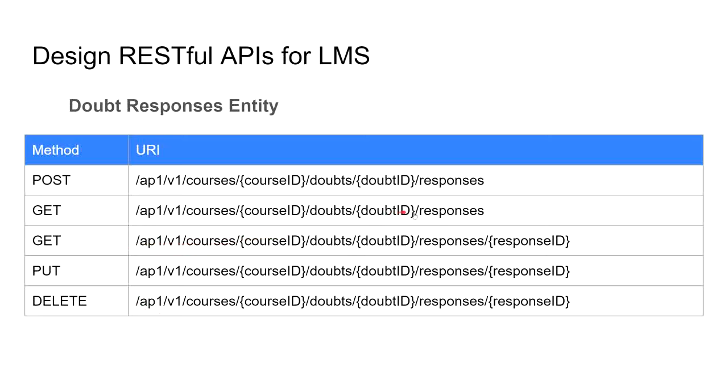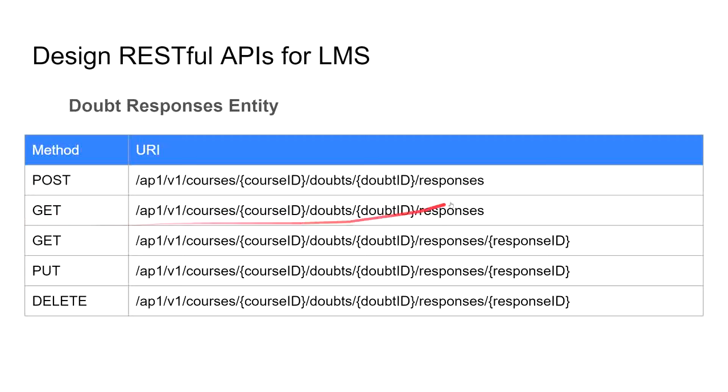Then let's say doubts have responses, like somebody would answer those doubts, right? Since the responses are given to a doubt, you would have a doubt ID in front of these responses. So for creating a new response to a doubt, you would be saying which particular doubt you are talking about. To create a new response to a doubt, a post API.